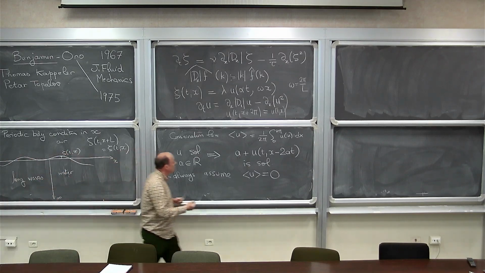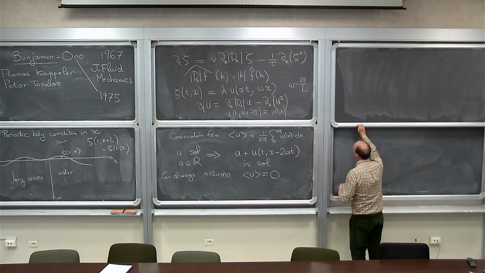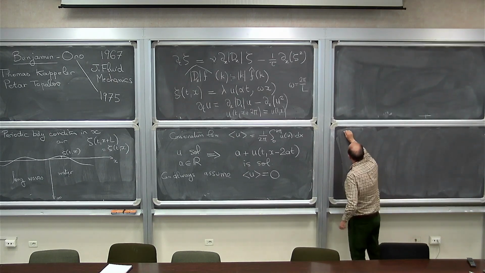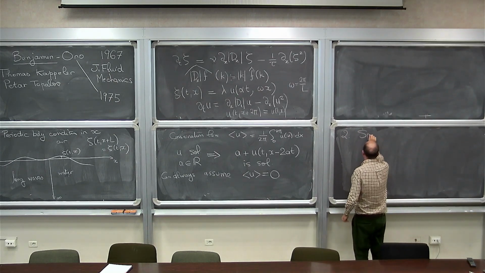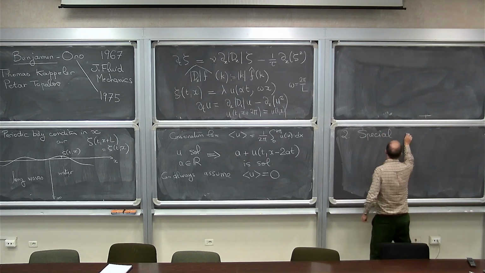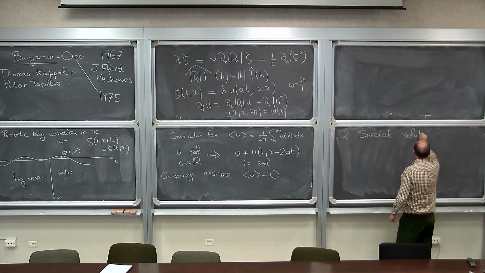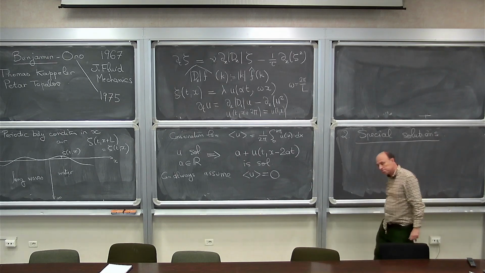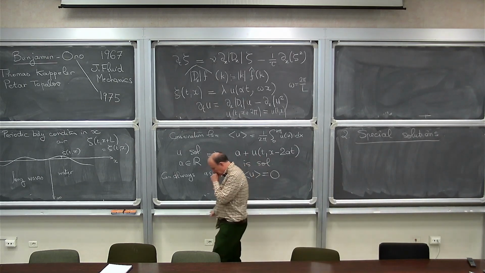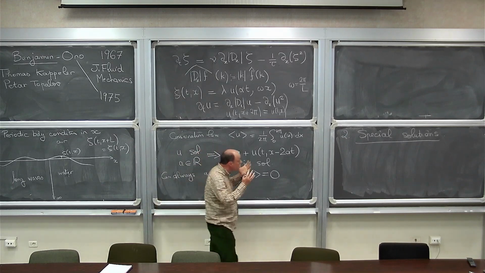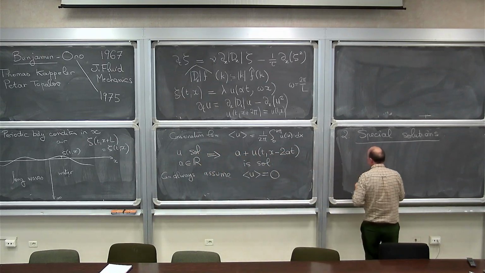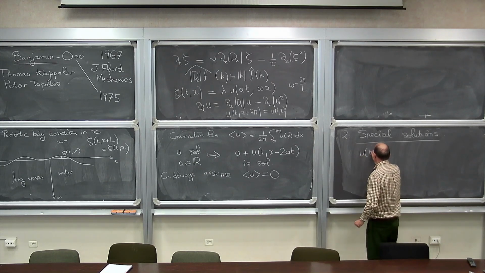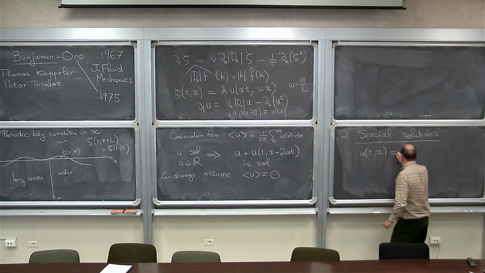So, the second part of my talk is about what I call special solutions. And the most interesting, maybe, special solutions are solitary waves, which are solutions of that kind.